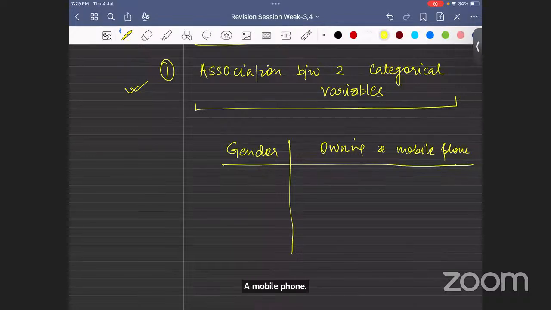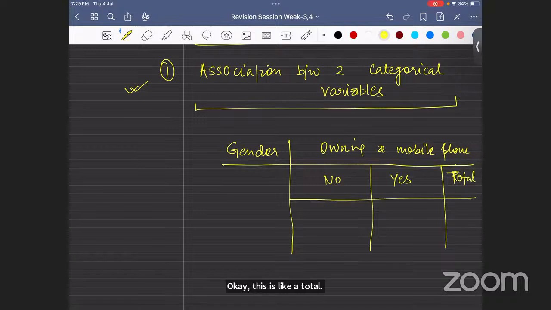This can be no and yes. This is like a total. And here it can be male or female.